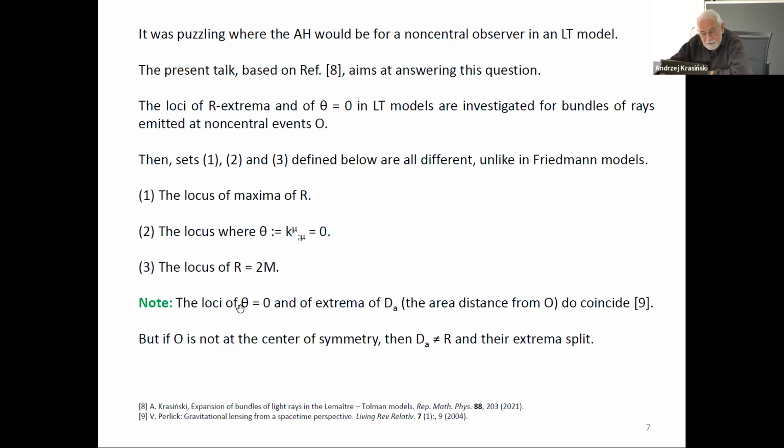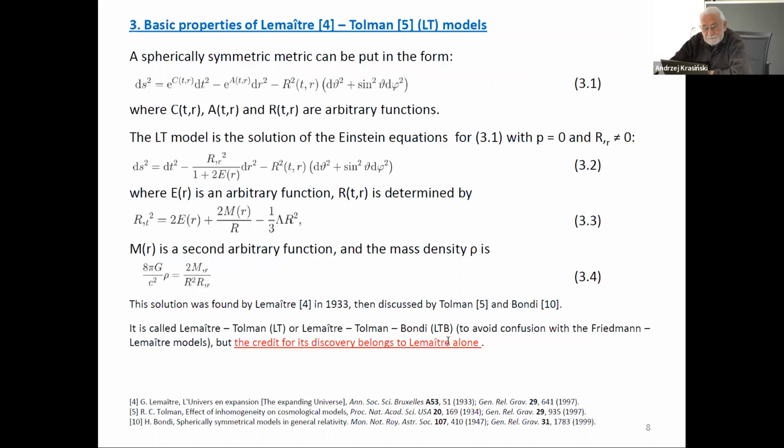Now the loci of theta being 0 and of extrema of the area distance from the observer do coincide. But if O is not at the center of symmetry, then this area distance from the observer is not equal to the function r in the model. And the extrema don't coincide.